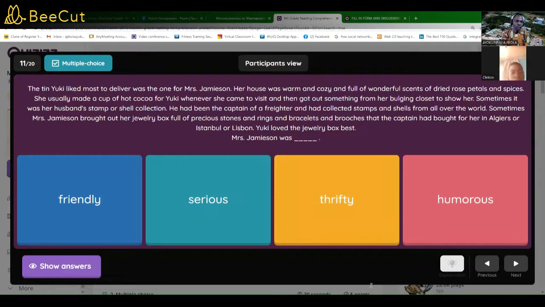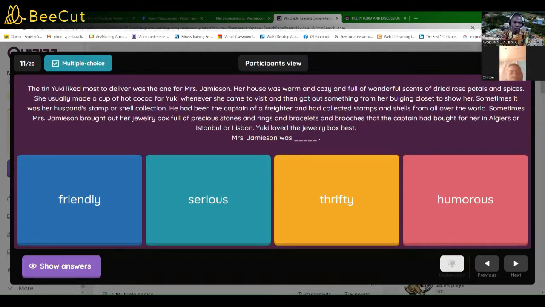The thing Yuki liked most to deliver was the one from Mrs. Jamison. Her house was warm and cozy and full of wonderful scents of dried rose petals and spices. She usually made a cup of hot cocoa for Yuki whenever she came to visit, and then got out something from her bulging closet to show her.